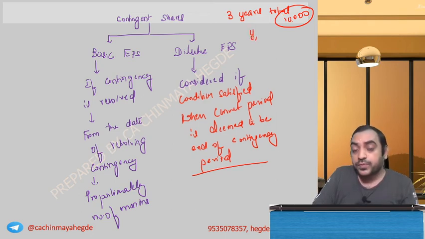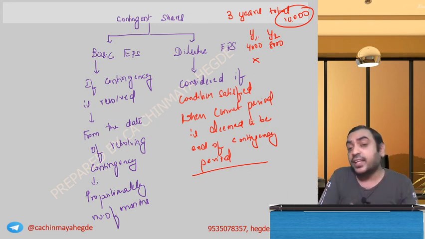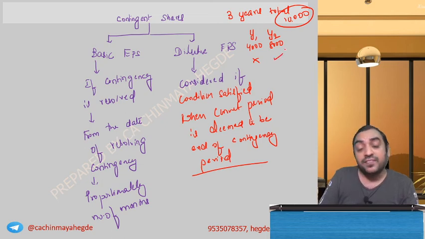In year 1, they made a profit of 4,000. So in year 1, you have not cumulatively reached 10,000, so it is not there. Year 2, you made a profit of 8,000. So what did the cumulative profit become? 12,000. You crossed 10,000. So this will be part of diluted EPS.